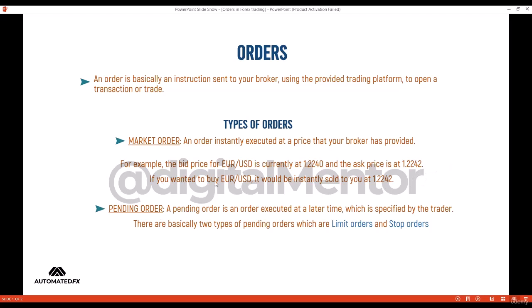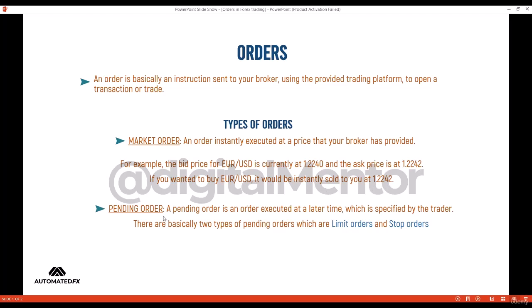So if you wanted to buy Euro USD, it will be instantly sold to you at 1.2242, which is the ask price. Remember we said we buy at the ask price and then we sell at the bid price. So a market order will instantly execute a buy order for you at your ask price.